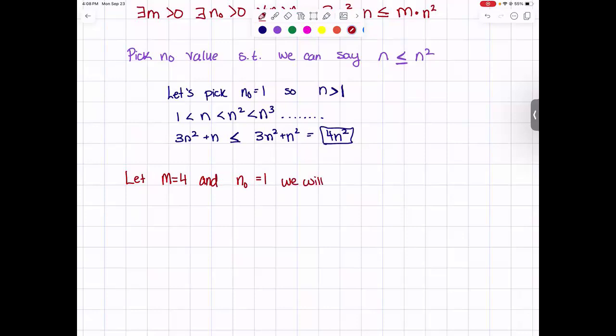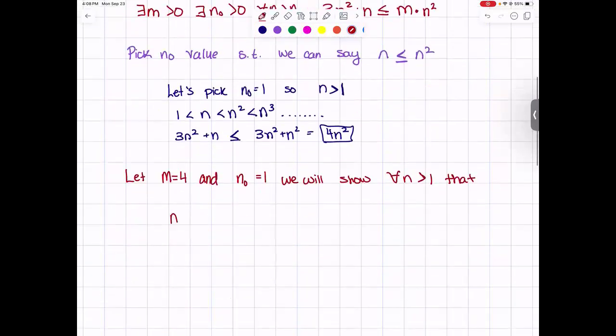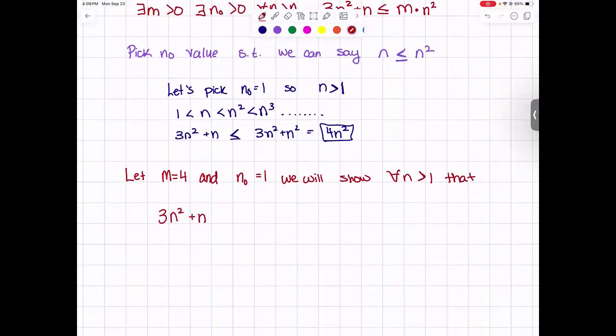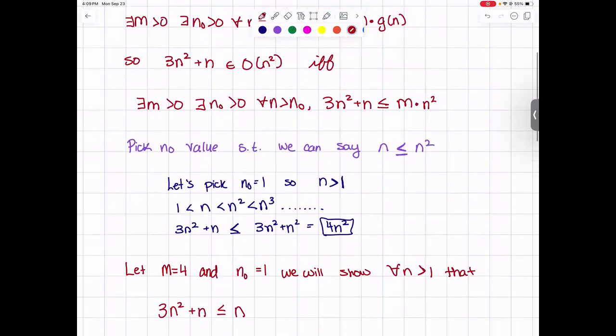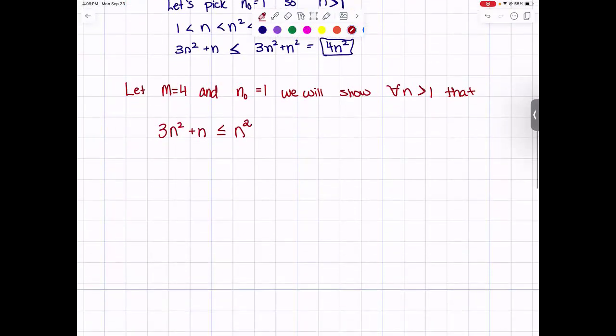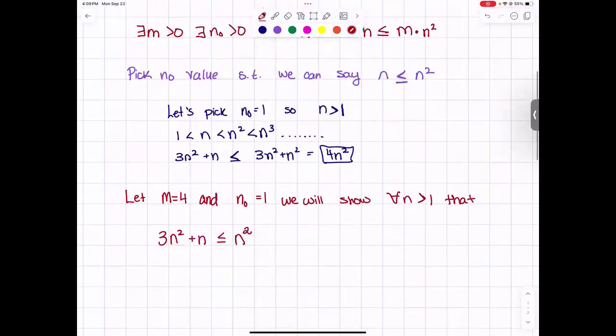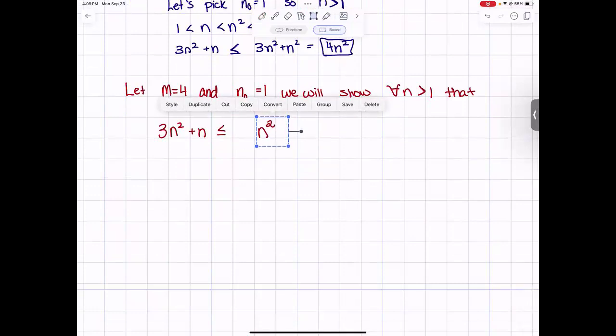We will show for all n greater than 1 that 3n squared plus n is less than or equal to m times n squared. I always forget that m.